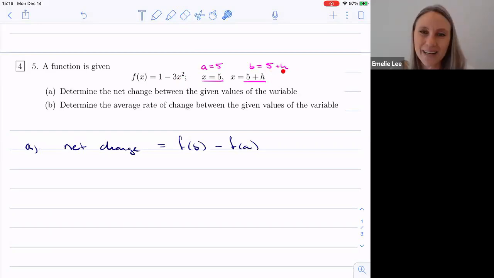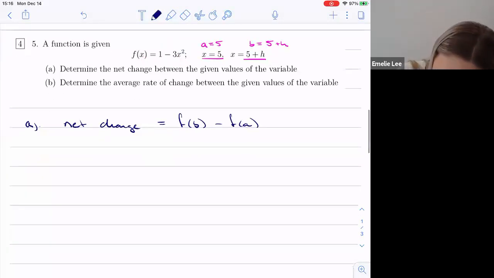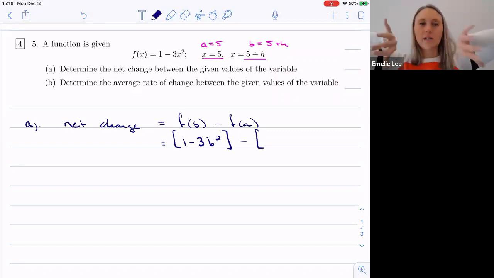Maybe I'll add an extra step. You don't need to have this step, but maybe I'll write out f of a and f of b so that you can see where things are going in. So f of b is 1 minus 3b squared, minus f of a. And notice I'm putting big square brackets around these things to keep them separate. You want to keep them as big lumps.